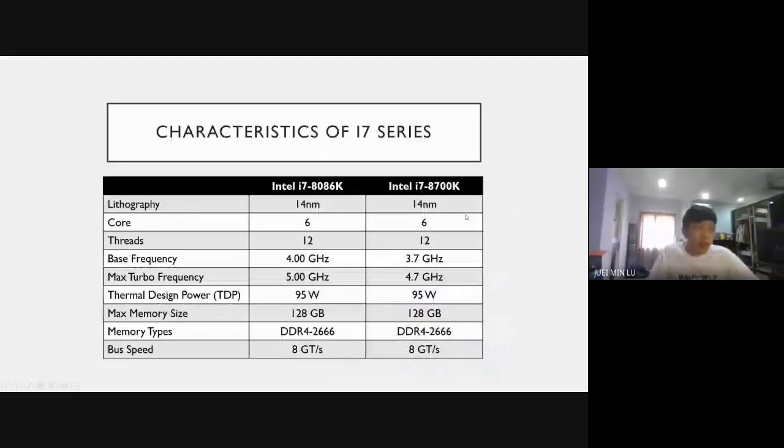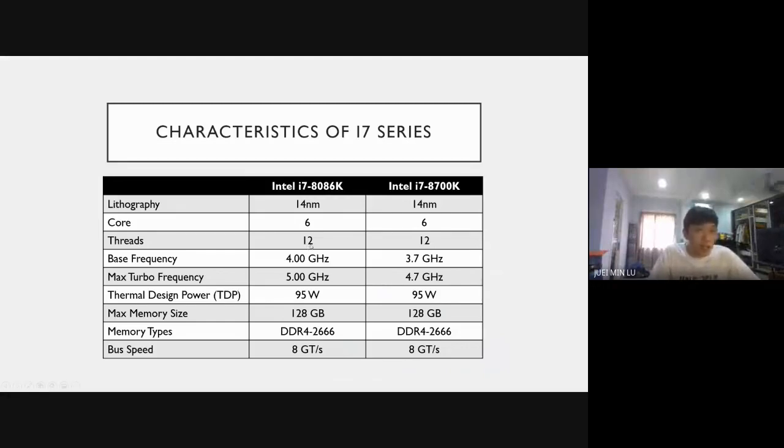For the Intel i7 series, I would like to talk about the i7-8086K and also the i7-8700K. As you can see from the table, the lithography is the same, which is 14 nanometer. Core count, thermal design power, and other characteristics are also the same, except for the frequency.